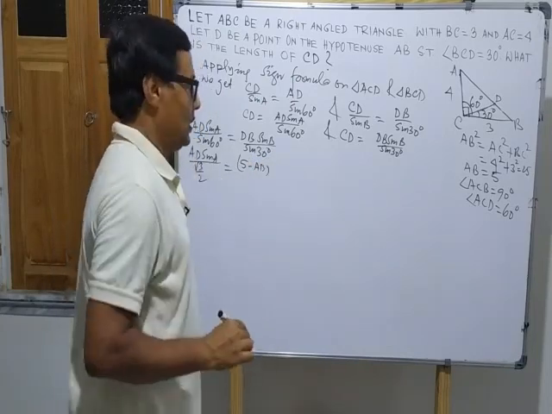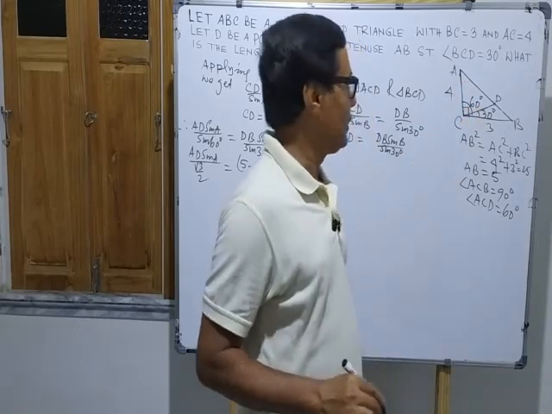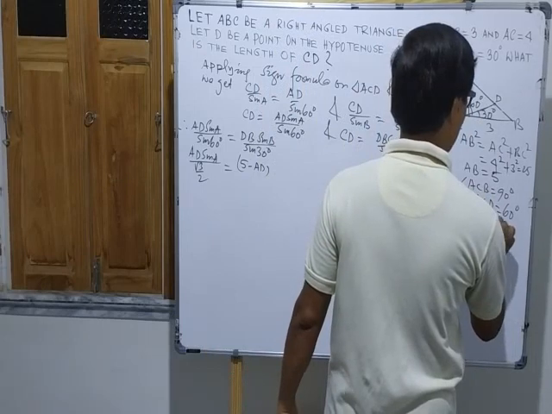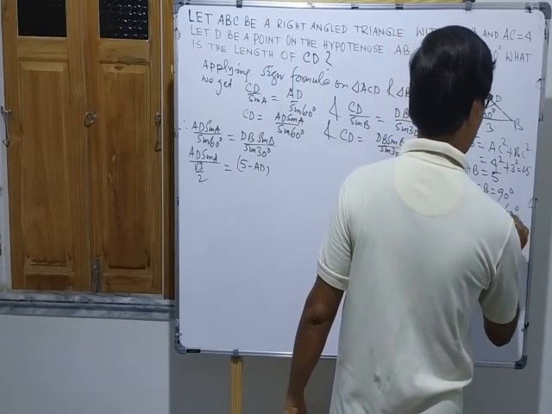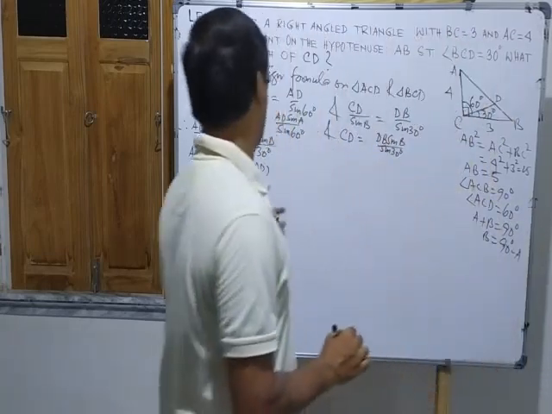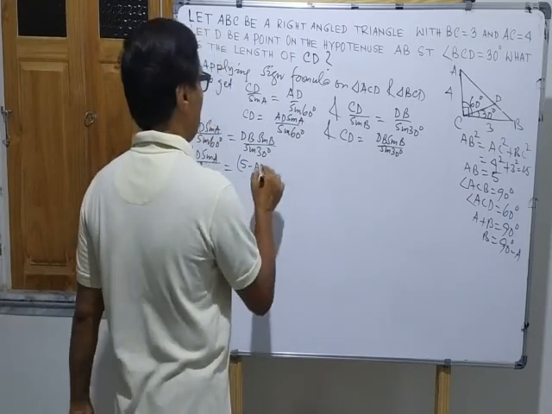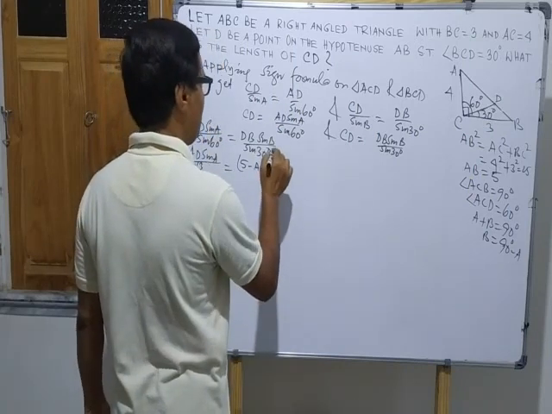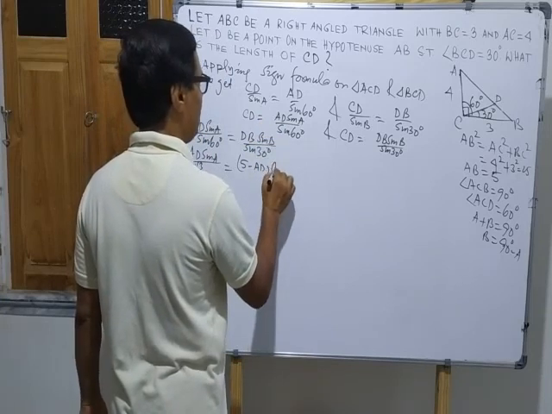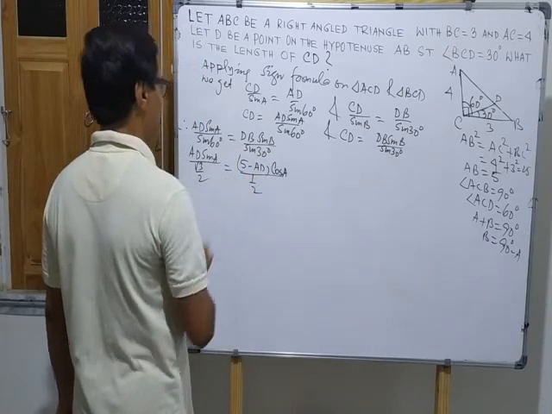Here also the sum of the other two angles A and B is 90 degrees because ACB is 90 degrees. Now A plus B is 90 degrees, so B equal to 90 degrees minus A. So sine of B, that is sine of 90 minus A, equal to cos A. From the properties of complementary angles we get sine of B equal to cos of A. Sine 30 is half.